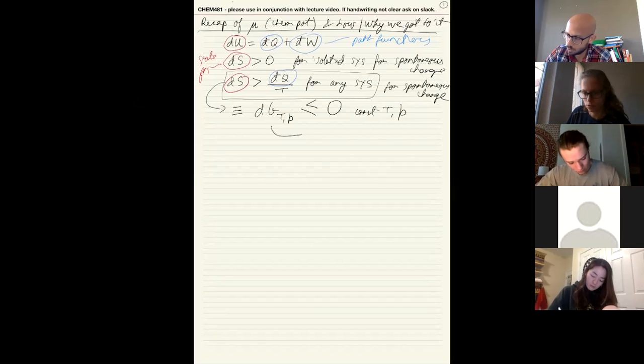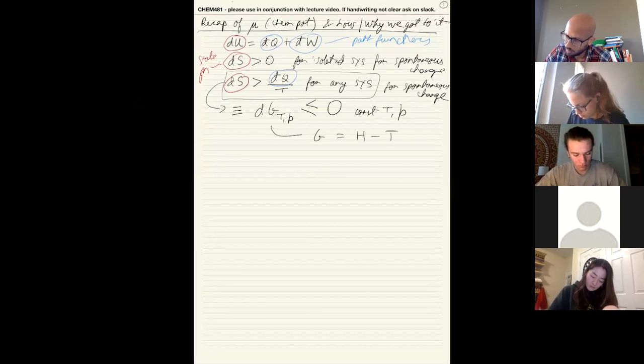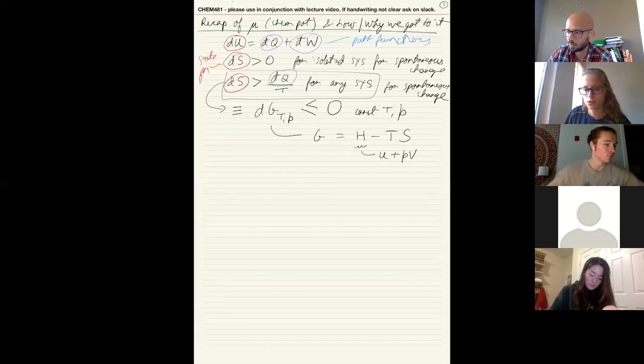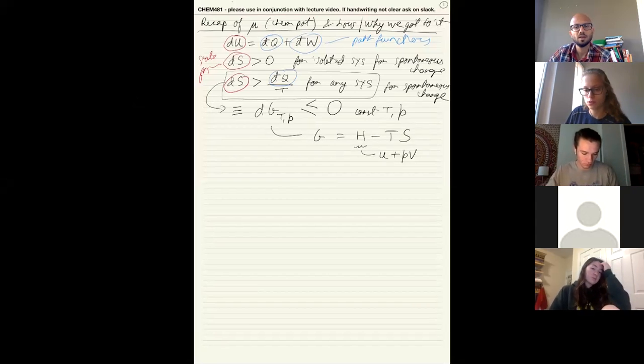And what is G over here? Here we define G as H minus TS. So notice here I introduced H, which itself is a state function defined as U plus PV. Why did we define H? When I do a full recap of the semester in the last week, we will go over that, but you should remember the reason to define H is because that is the same as heat given to a system at constant pressure.